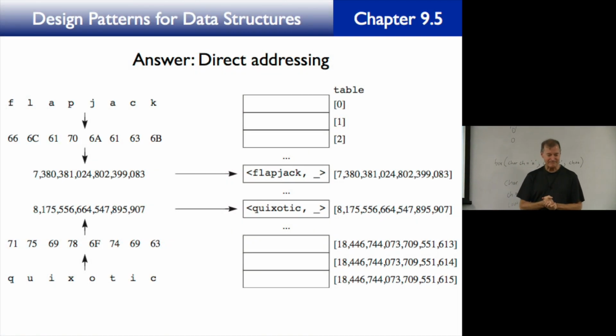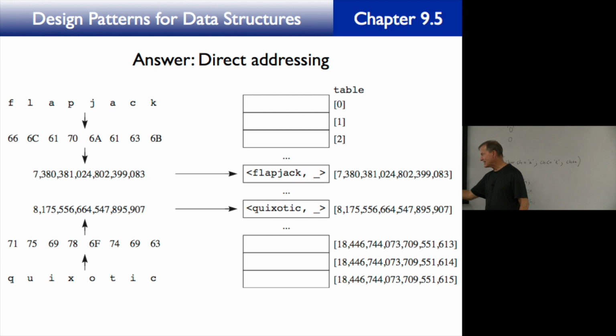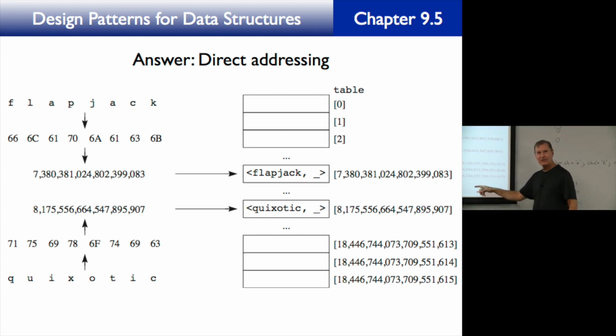Now look. What we have here is an array. The name of the array is table. And it has sub 0, sub 1, sub 2, all the way down to sub 18 quintillion, 446 quadrillion, 744 trillion, 73 billion, 709 million, 551,615.